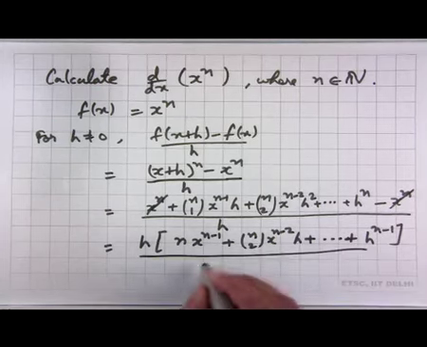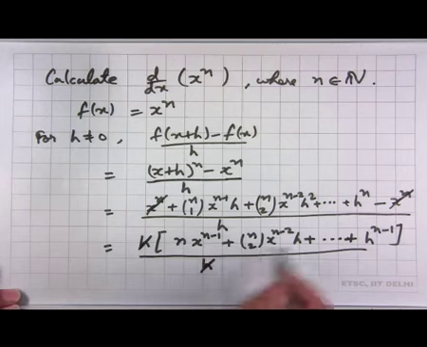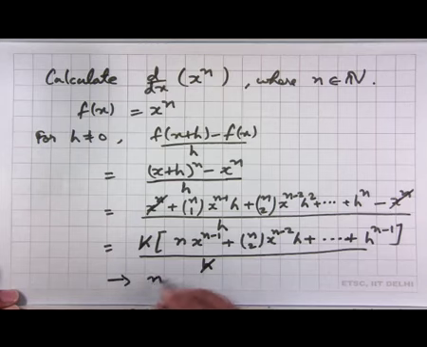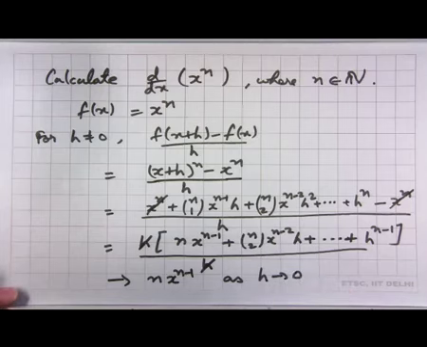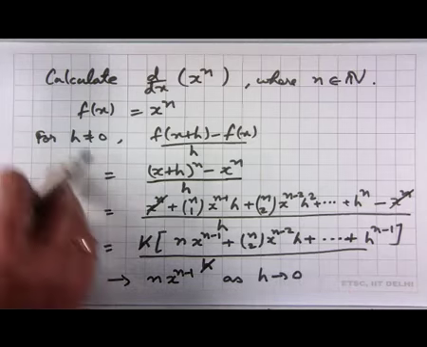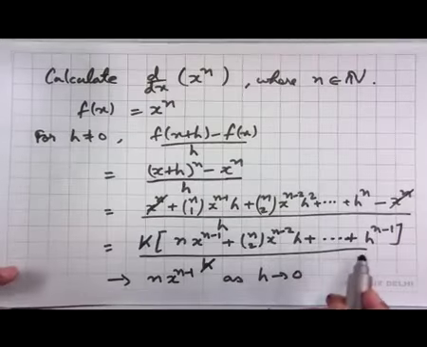divided by h. So, by cancelling this h, we see that every term except the first term contains h. So, this approaches n times x to the n minus 1 as h goes to 0, because all the other terms we get have h or h square. So, they go to 0.